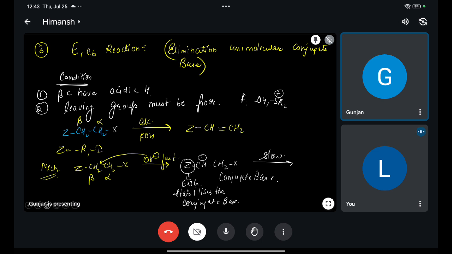We call that character acidic hydrogen. Now this carbanion attacks over here and X comes out. So we are getting Z, CH double bond CH2. It's a poor leaving group, right?